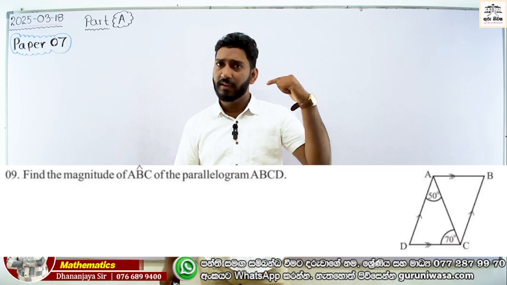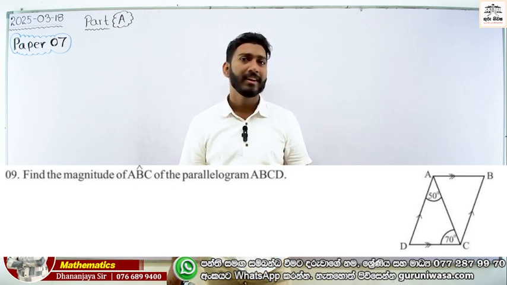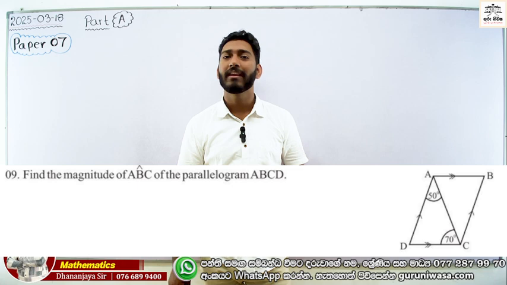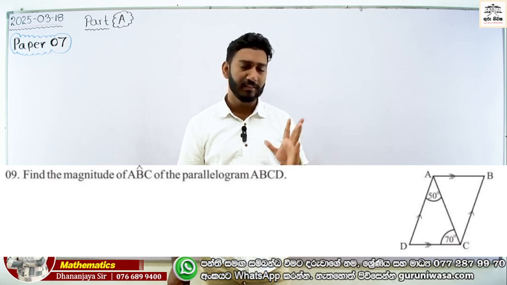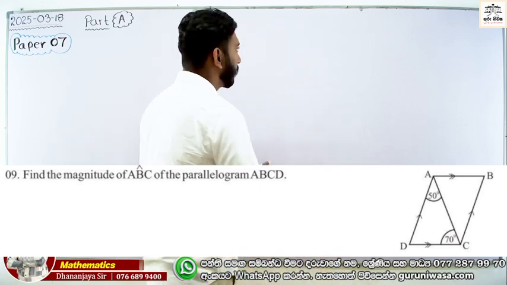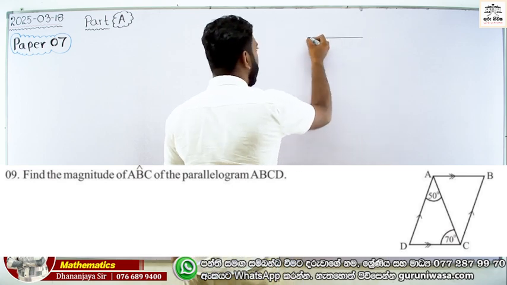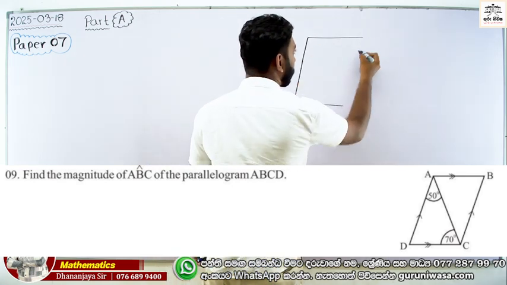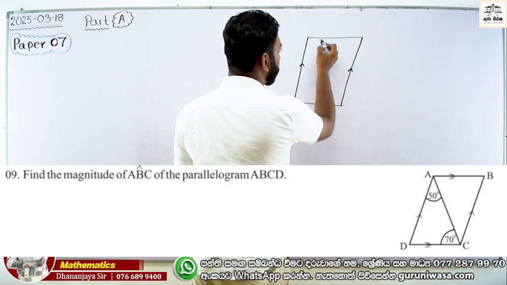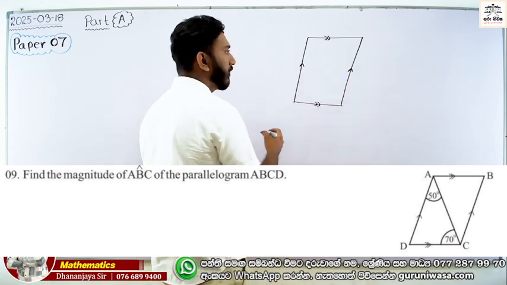Opposite sides are equal and parallel, opposite angles are equal, each diagonal bisects the area of the parallelogram, and the diagonals bisect each other. Those are the special characteristics of the parallelogram. Look at this: this is a parallelogram like this, and we know these two sides are parallel and these two opposite sides are parallel.